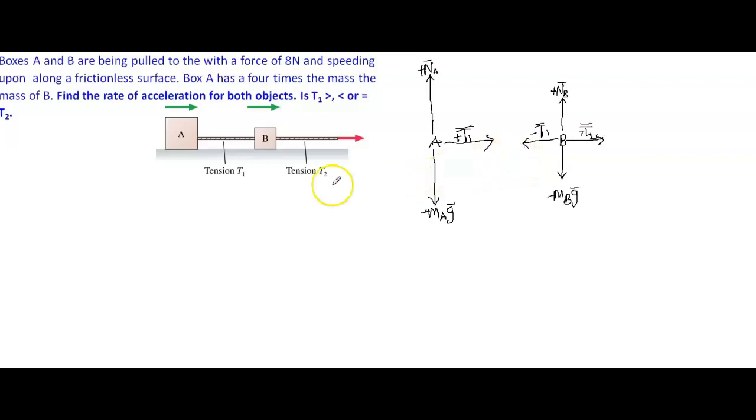All right, what I want you to do now is translate these two force diagrams using Newton's second law. So create equations from them. Okay, so what I'm going to do is sum the forces on object A in the x direction, and then I want you to sum the forces on object A in the y direction.